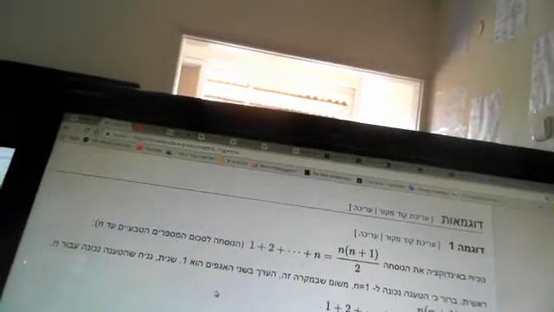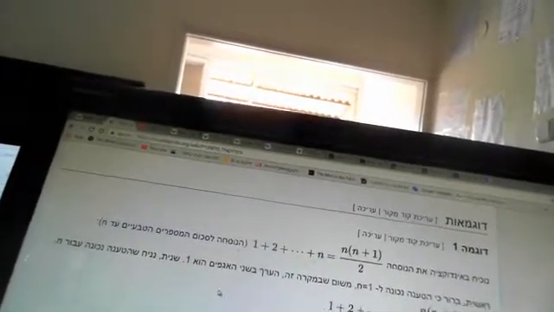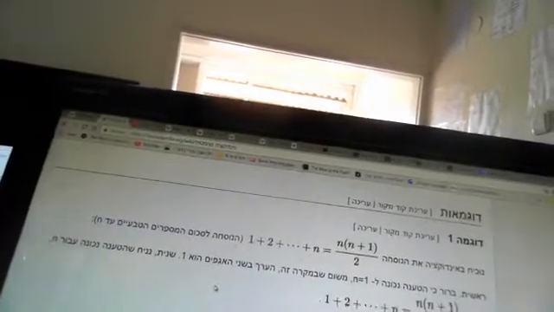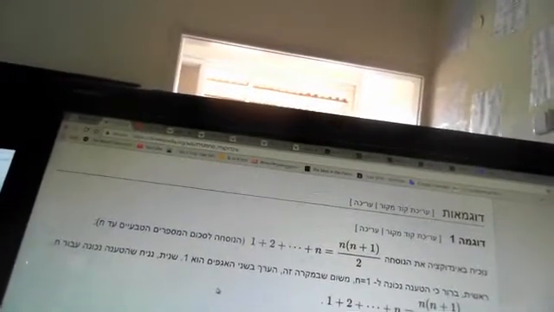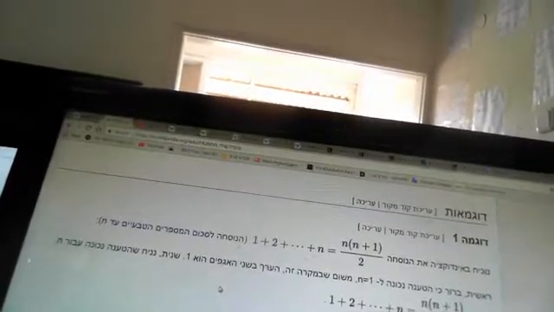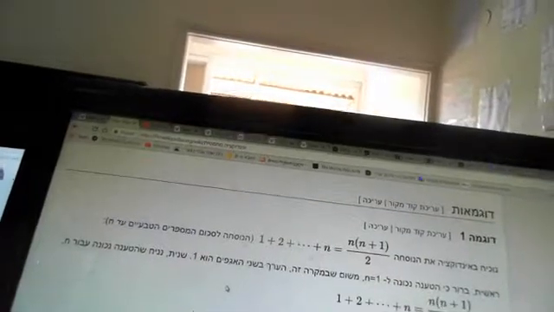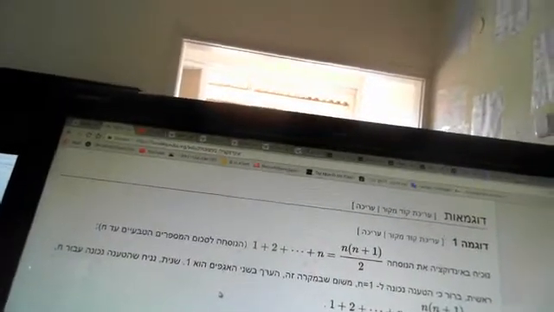Okay, we get that the left side of the equation equals the right side of this equation, i.e. 1 equals 1.